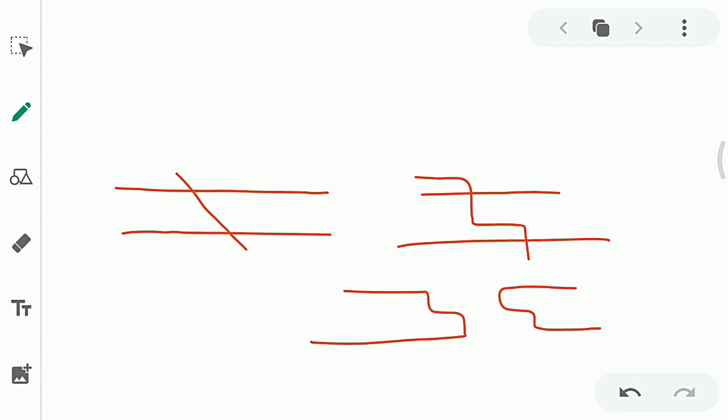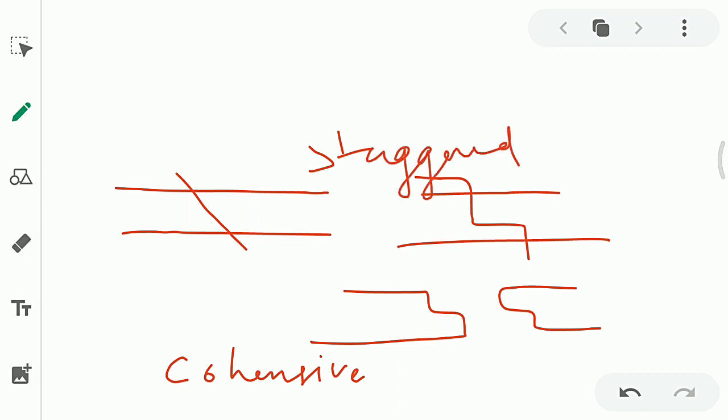And such ends are known as cohesive ends, as well as the cut is known as a staggered cut. A staggered cut forms cohesive ends. So please be careful while learning restriction enzymes. They make two cuts. One is a straight cut and the other one is a staggered cut. Okay.